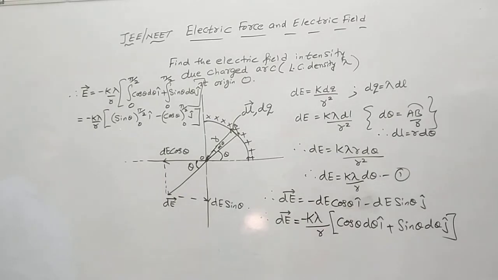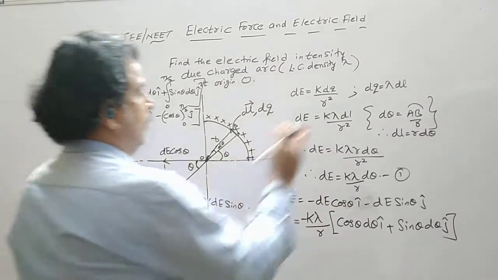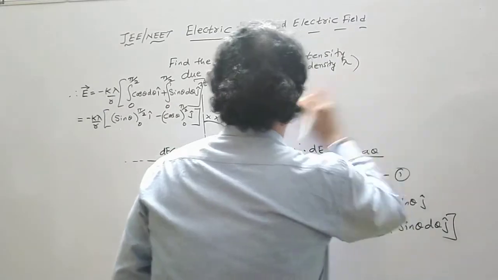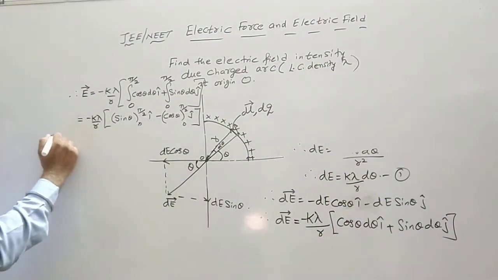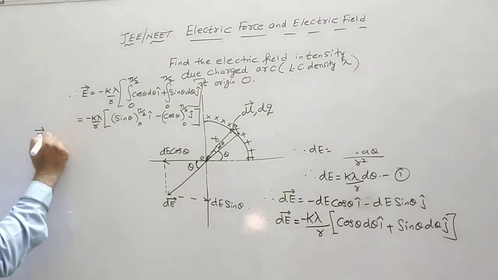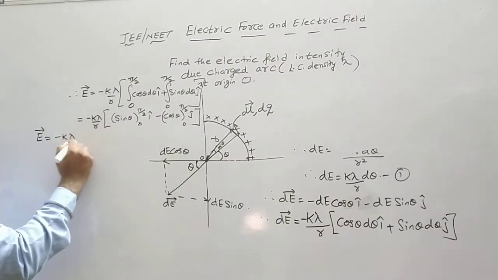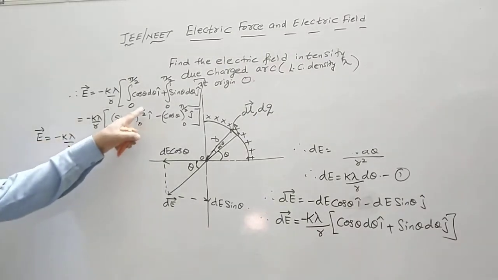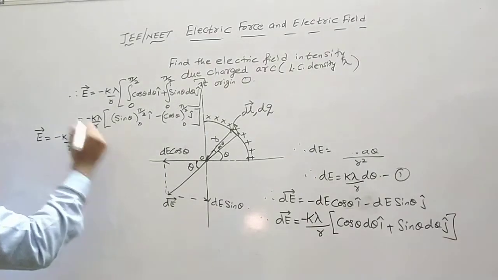So now we will put the limit. E vector is equal to minus K lambda by R. So sin 90 minus sin 0, that is 1 only, so i.